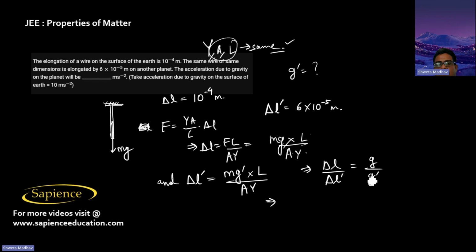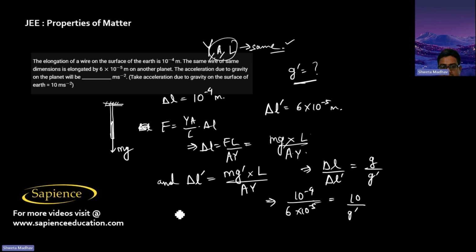So the acceleration due to gravity on the other planet is what we have to find out. Now delta L is 10 power minus 4 by delta L dash, which is 6 into 10 power minus 5, equal to g by g dash. We take acceleration due to gravity on the surface of Earth as 10 meter per second squared.